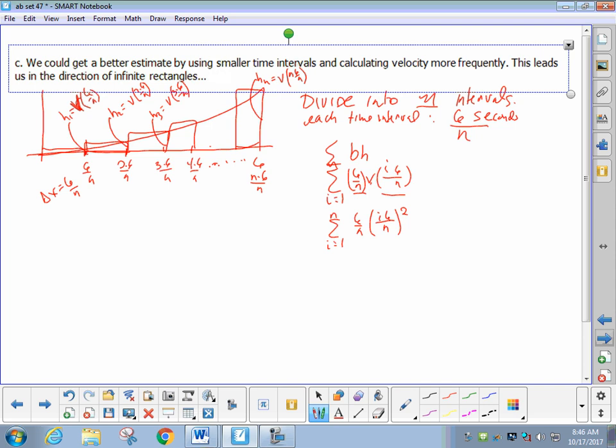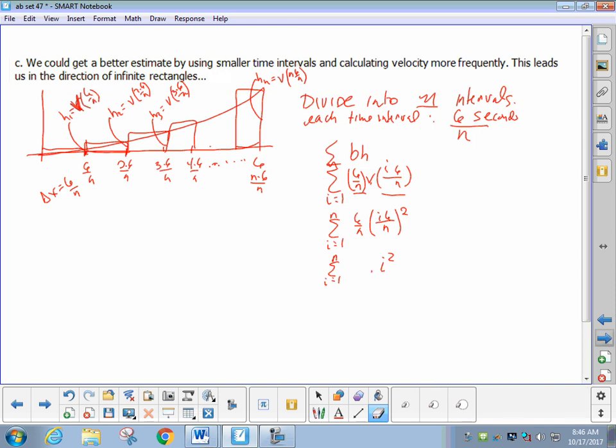In this case, the velocity was t squared. Cool? If I clean this up, this is eventually 6 cubed over n cubed, times i squared. Sorry, I just kind of simplified the expression.